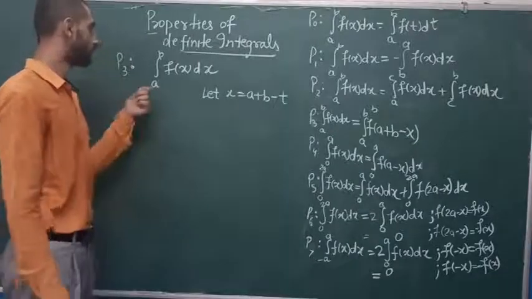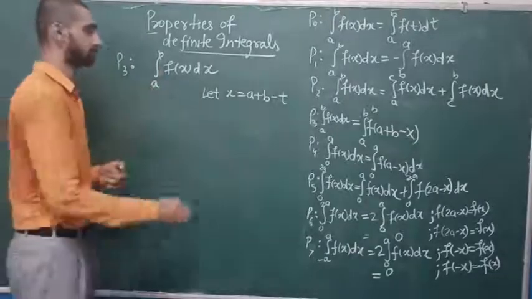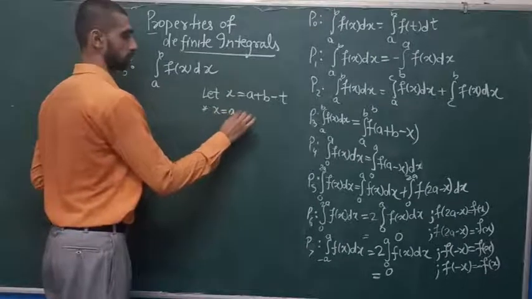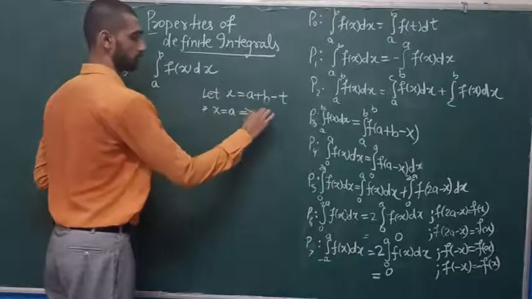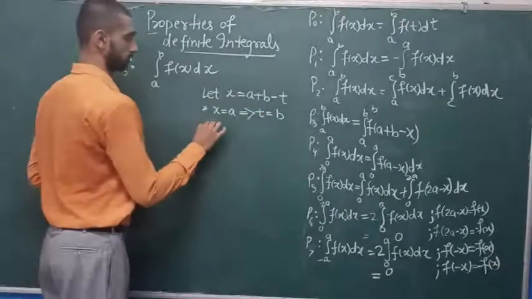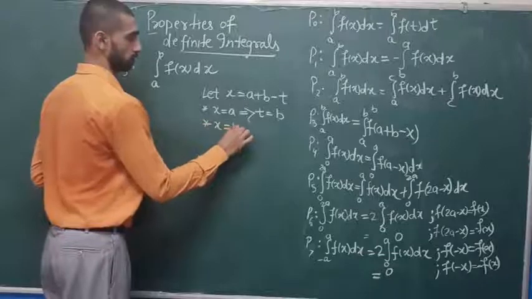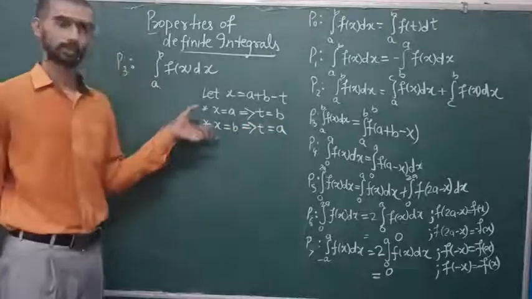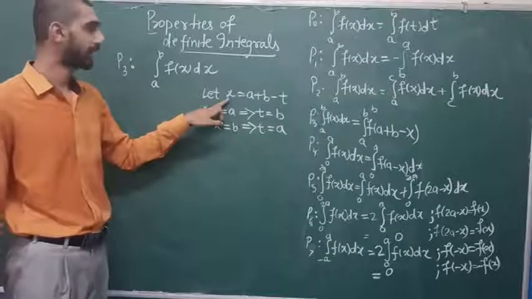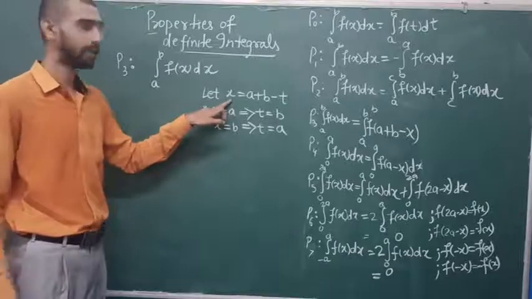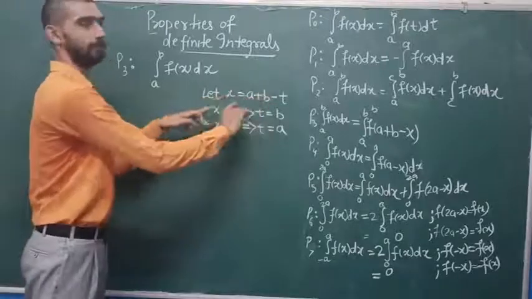So from this you can calculate the value of limit. These are the limits. When you put x equal to a, t will become b, and when you put x equal to b, b will cancel out and t will become a.